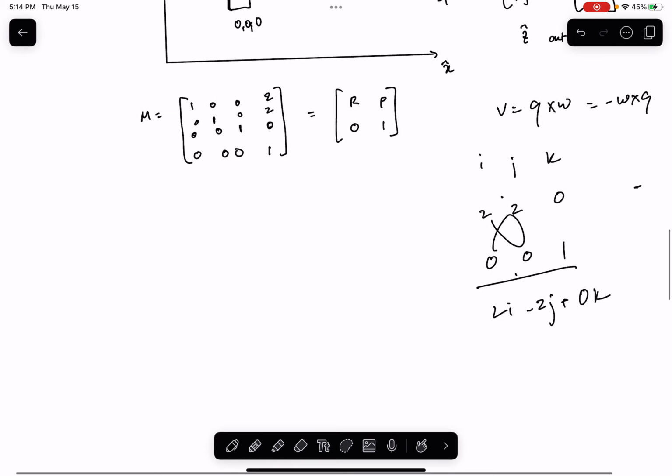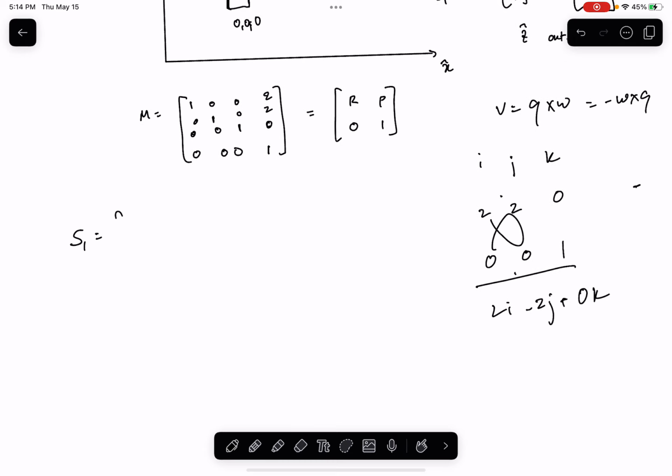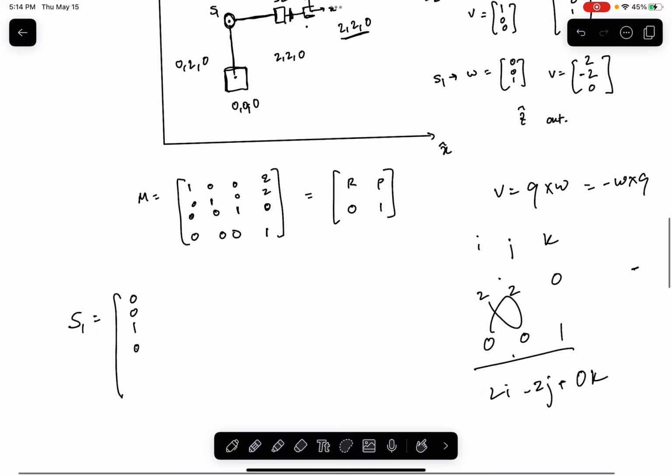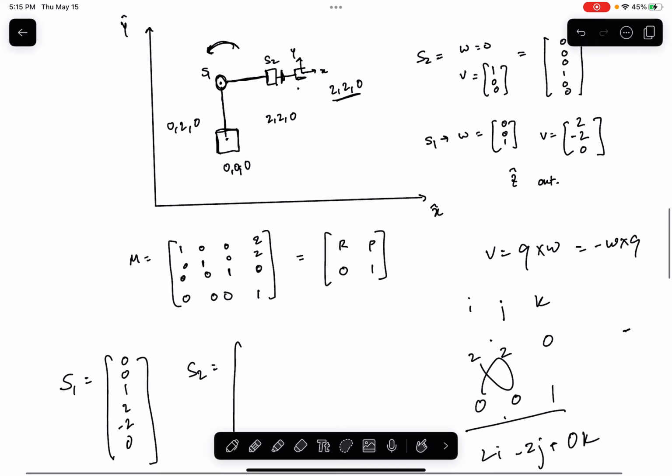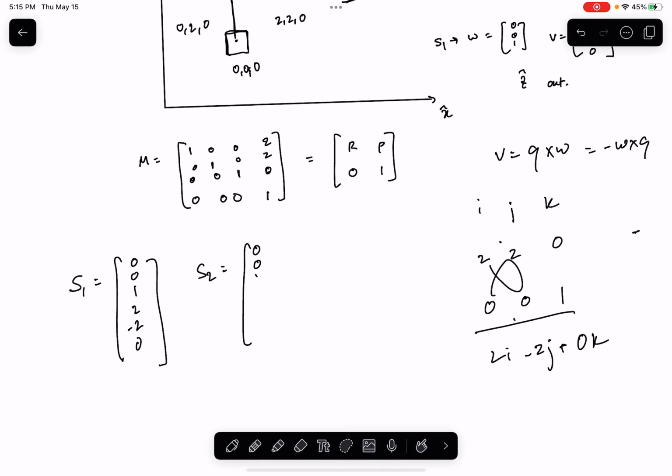So now we have our S matrices, we have the second S matrix.